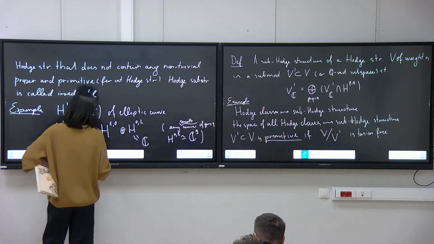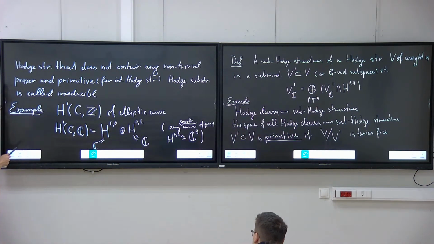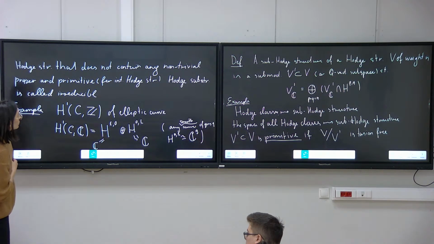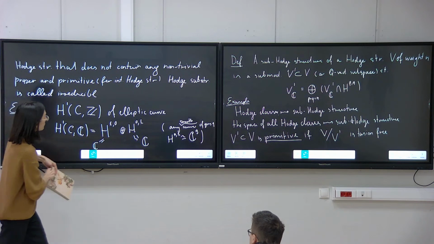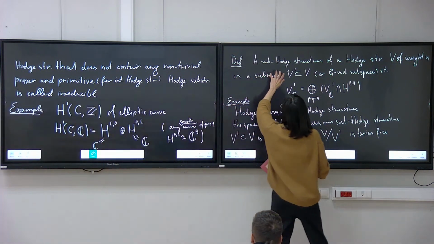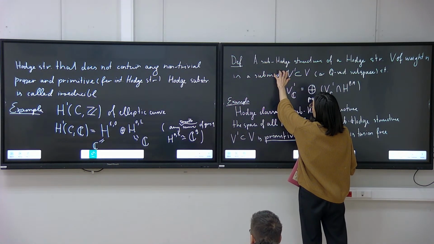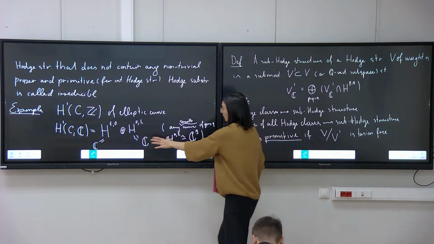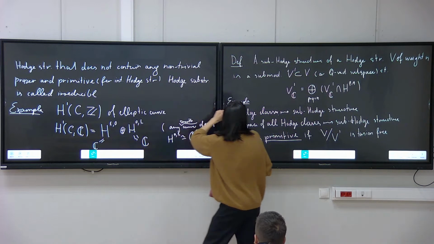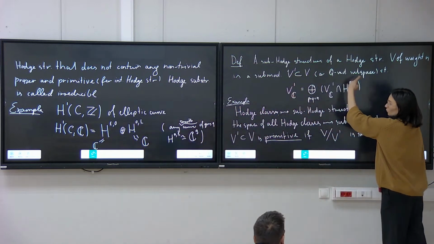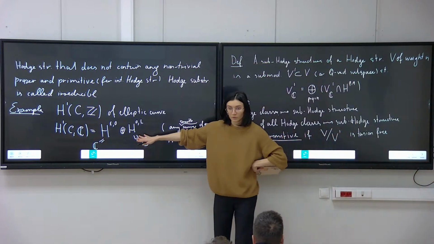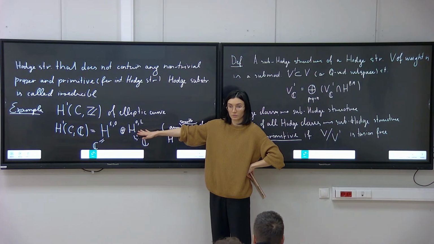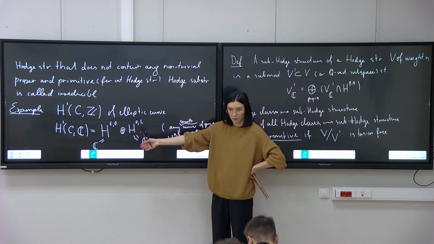So here is C plus C, and it's easy to see that we just can't take a sub-Hodge structure here to obtain something in such a way. Is this clear? If it's not clear, this is an exercise why it's primitive. Just more or less by definition, it's primitive.